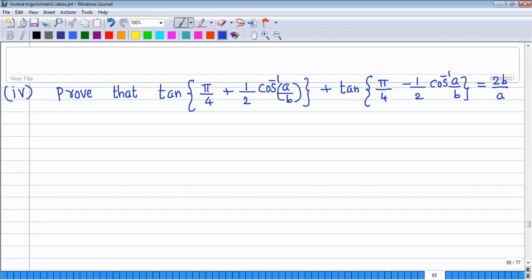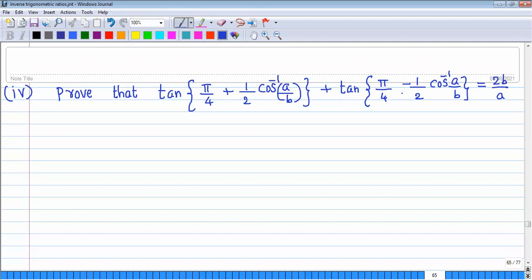Here I have some idea which I would like to share. Instead of cos inverse A by B, write alpha, or theta also, no problem. Tan 45 degrees plus theta plus tan 45 degrees minus theta. As studied in compound angles, tan 45 degrees plus theta is 1 plus tan theta by 1 minus tan theta, and tan 45 degrees minus theta is 1 minus tan theta by 1 plus tan theta. First simplify.